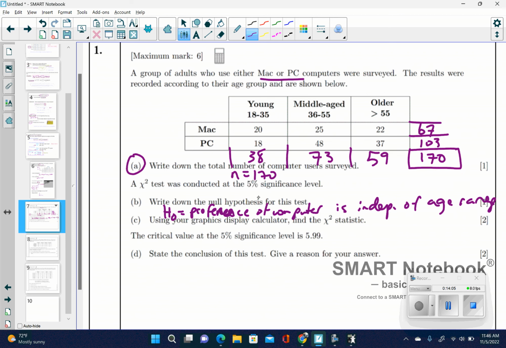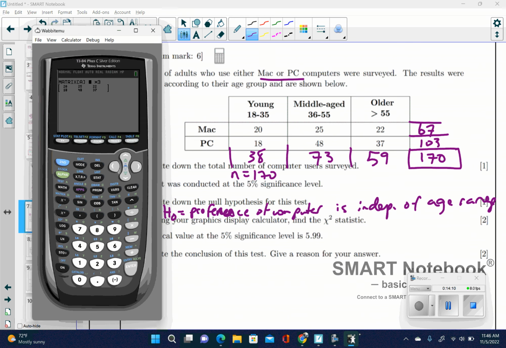So now we're looking for the chi-squared statistic. Remember, we just taught this: after you put the numbers into the matrix, second matrix, and we put it under number of rows 2 by 3, the next thing you're going to do is hit stat.